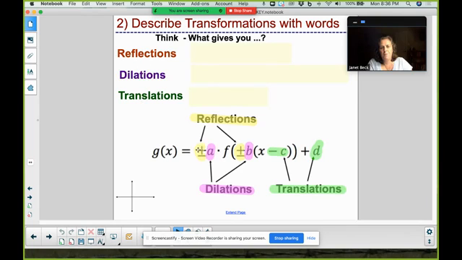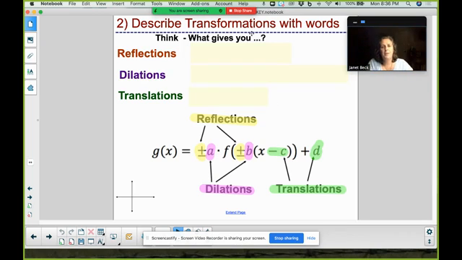Reflections come from multiplying by a negative, either in front of the function or just in front of the x or an x coefficient. Coefficients, a's and b's, give you dilations. They will either vertically stretch, vertically shrink, horizontally stretch or horizontally compress your function. And then you get translations, which will shift you left and right or up and down.